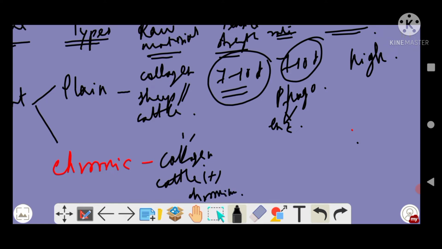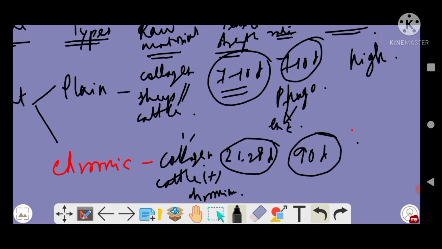The tensile strength is lost within 21 to 28 days. The absorption rate is 90 days; within 90 days it is fully absorbed. The mechanism is phagocytosis and enzymatic process, and it has moderate tissue reaction. Each and every word is important, right?